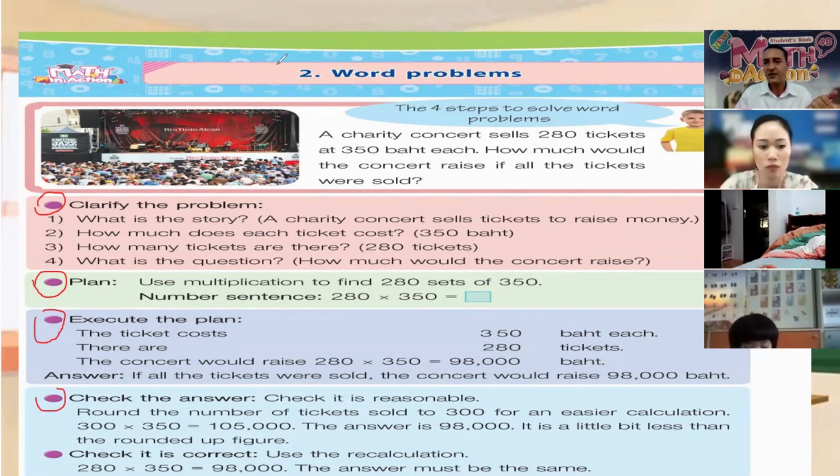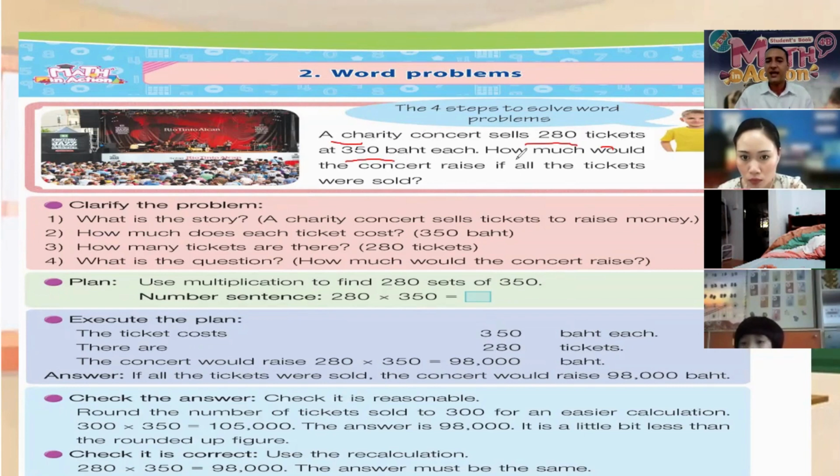Now let's have a little bit of practice. We have a problem given to us. A charity concert sells 280 tickets at 350 baht each.